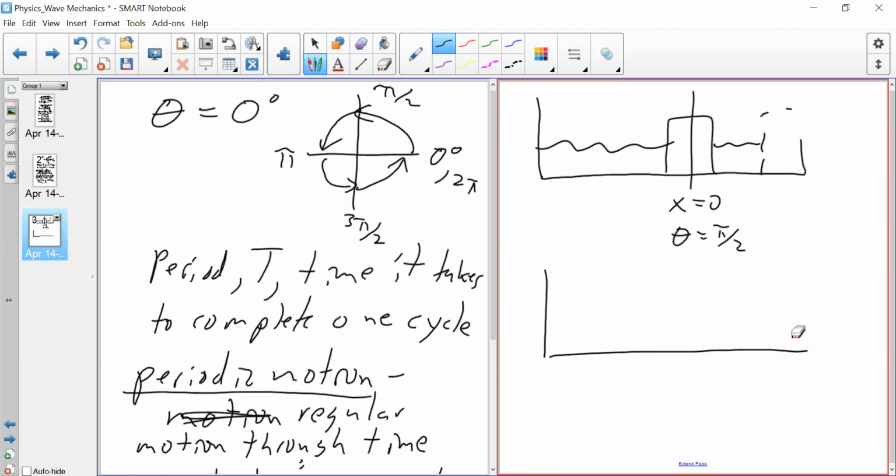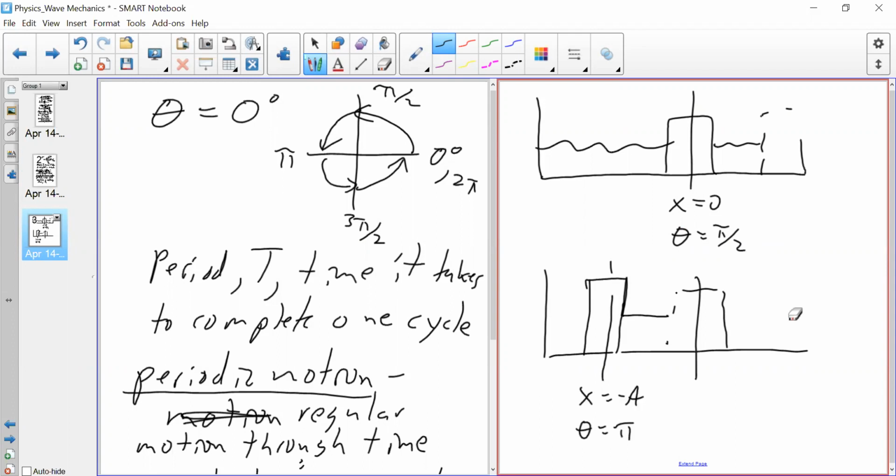Then it continues on, and you're going to get something like this here. It's not to scale, but you get the idea. Okay, so this is going to be x equals negative A, or theta is pi, right? So you can kind of see the pattern. It is very pattern based.